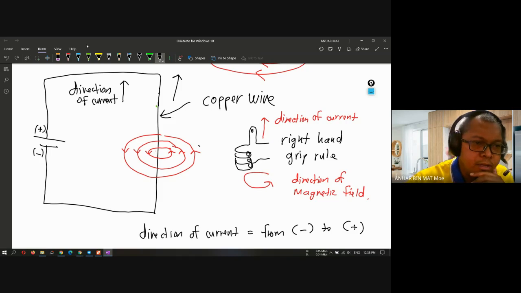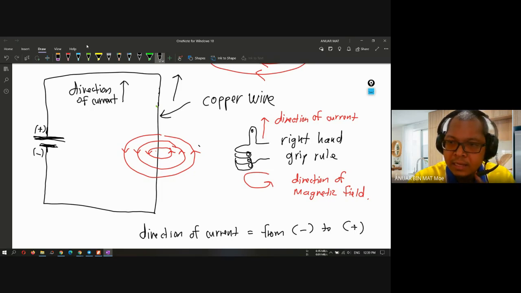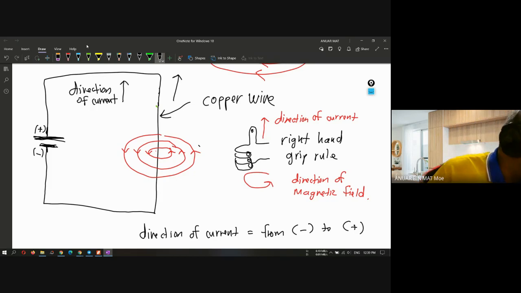So this is the battery. Do you still remember the symbol of battery? This is positive, or anode, and this is negative, or cathode. If I opposite the battery, the direction of current will be down here, so the direction of magnetic field is also different. Can you understand this, class?